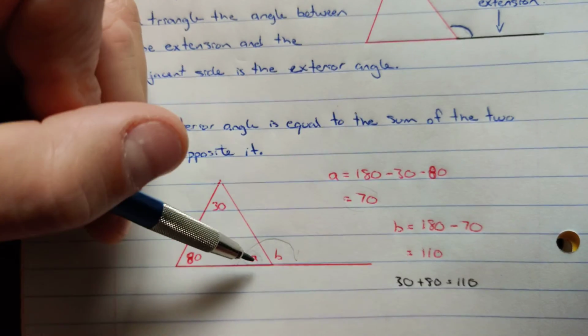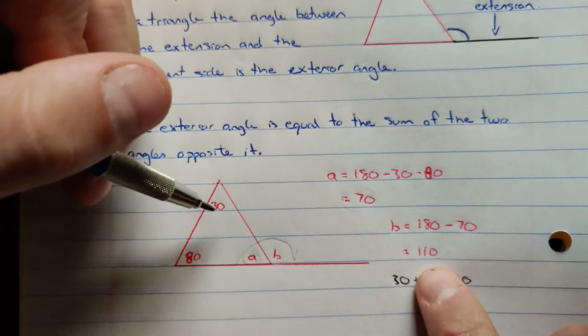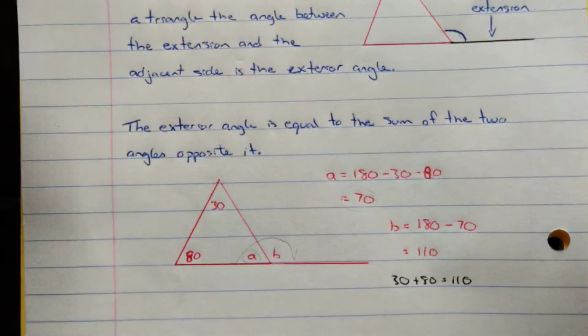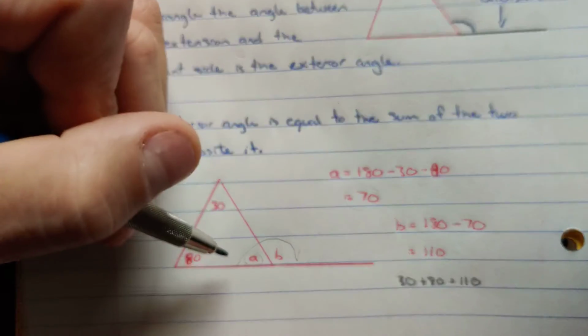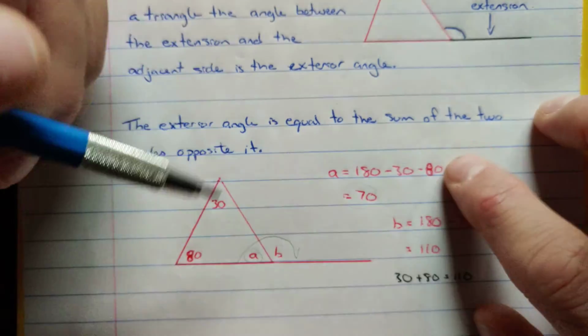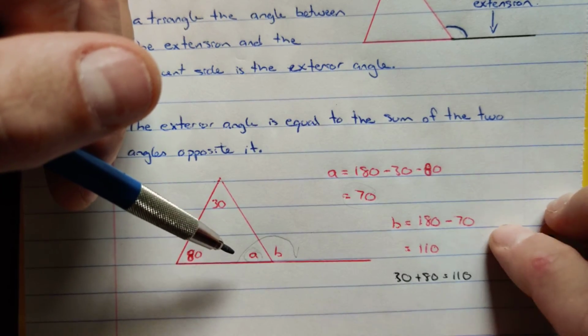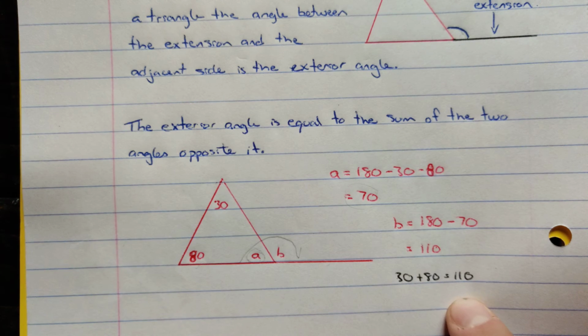So B is 180 minus 70, which is 110, which happens to be 80 plus 30. So, two ways to find it. You can figure out 180 minus 30 minus 80 and get 70, and then subtract that from 180. Or you could just do 30 plus 80 equals 110. Whichever one you remember. Preferably the short one.